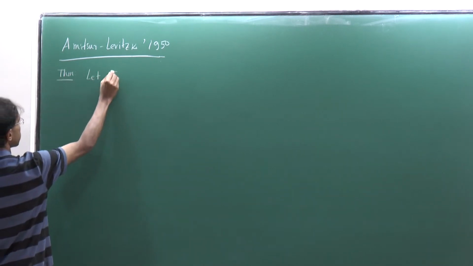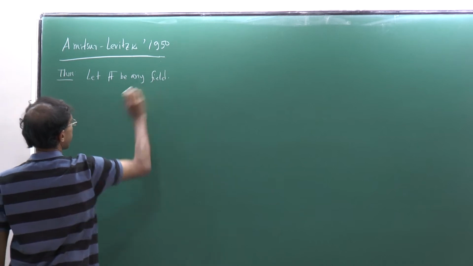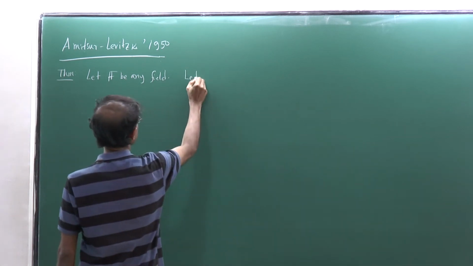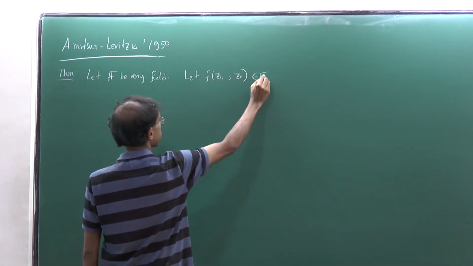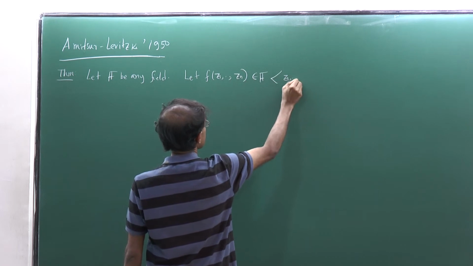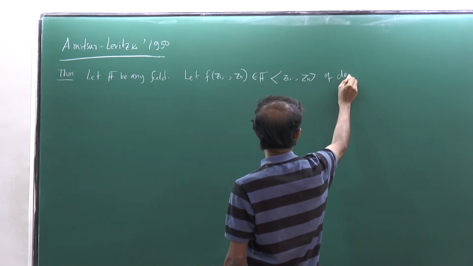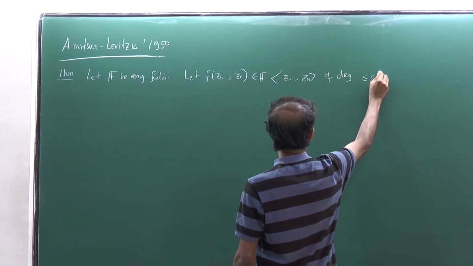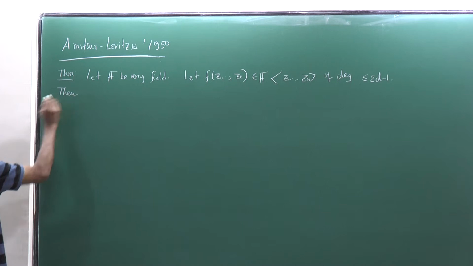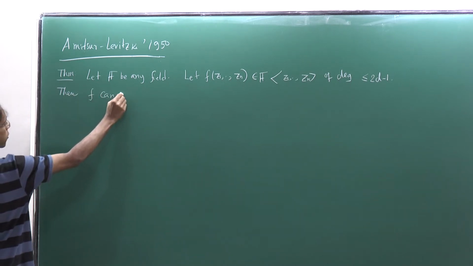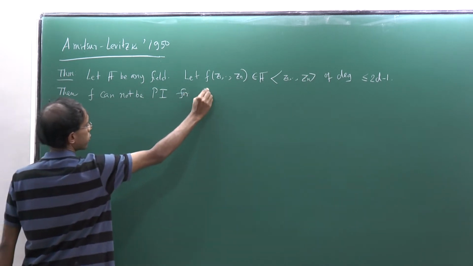Let F be any field and let f be a polynomial in this ring of degree, let us say, bounded by 2d minus 1. Then f cannot be a PI for M_d(F).